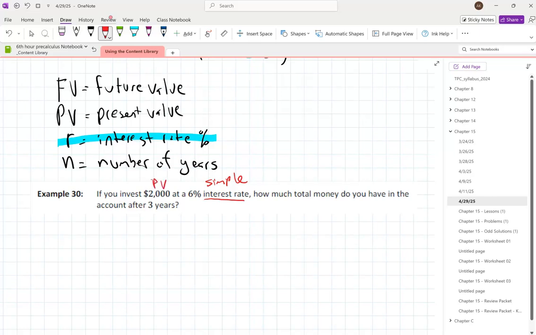We start by investing $2,000, that's the present value, 6% is our interest rate, 3 years is our N. How much total money are we going to have? That's a future value.